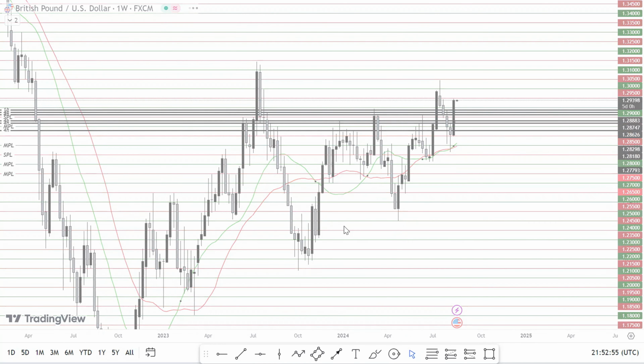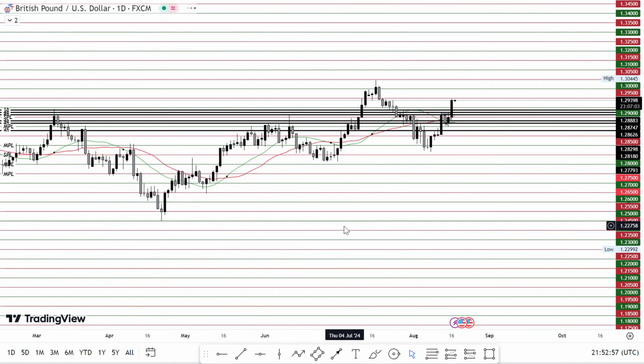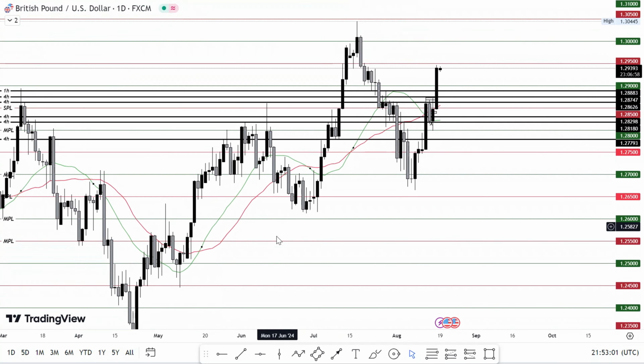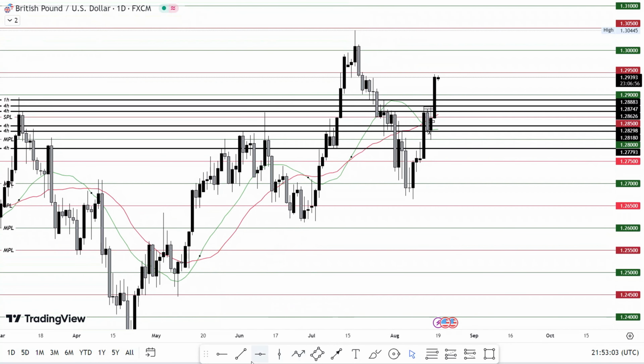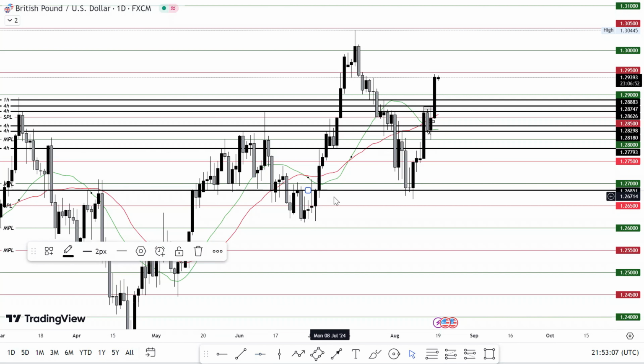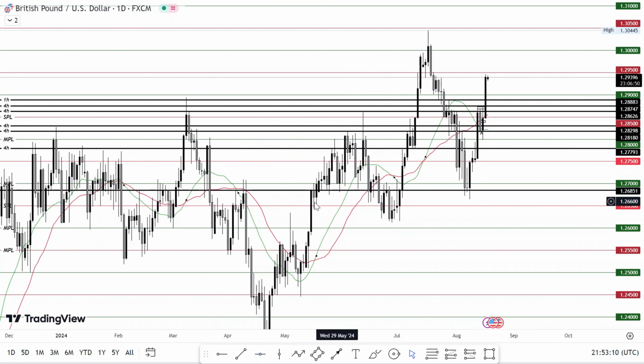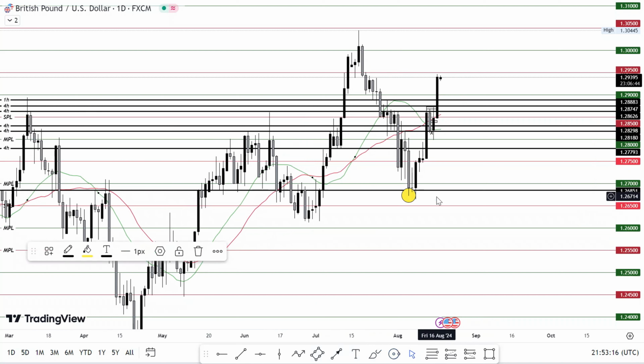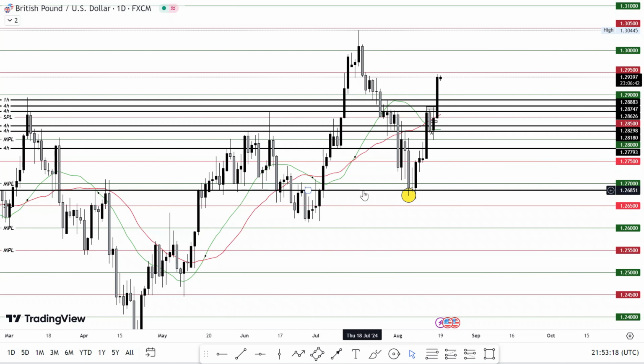Now I'll go over to the daily time frame. On the daily time frame, we can observe that GU is coming from a daily support and resistance level.